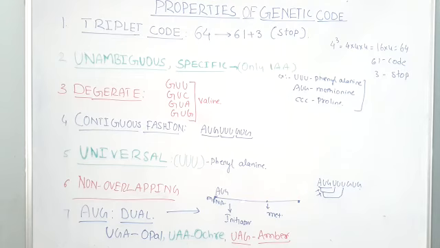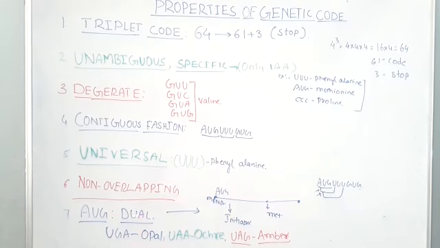Totally, AUG is dual in nature because it not only acts as an initiator codon and begins translation, but even if it comes in between, in the center, it codes for methionine. Thus two functions are carried out by AUG.